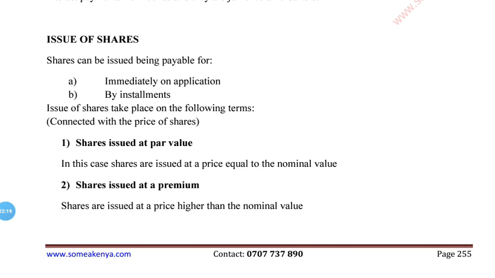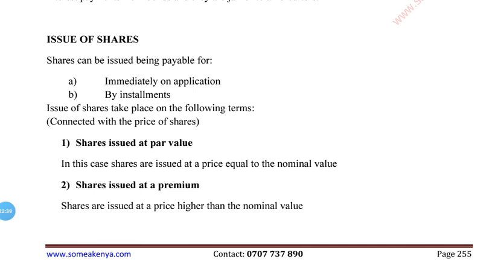Like you may have first call, you pay 5 bob. Second call, you pay 4 bob, depending on the structure that the company has decided to develop. And that is simply what we call shares issued on installment basis.